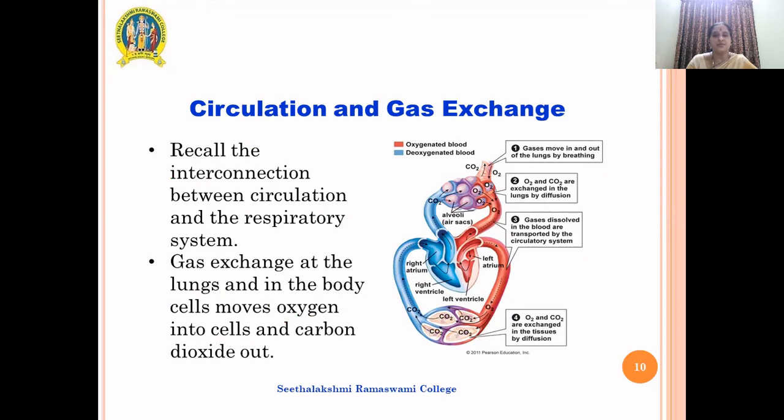So there is a stepwise procedure for this gas exchange process, and it is also well coordinated with the circulatory system.